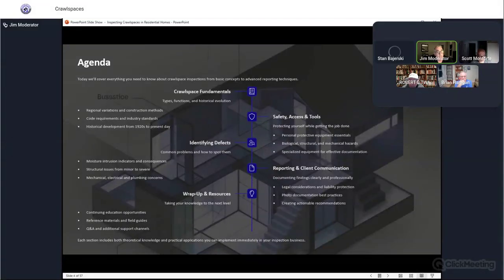We're going to be talking about moisture, structural issues, and mechanical, electrical, and plumbing concerns to look for, report writing and client communication. We want to be able to document findings clearly and professionally for liability protection, photo documentation, and best practices of report writing. And then we'll have a wrap up at the end where you can ask any questions. And again, you can just break in as you need.